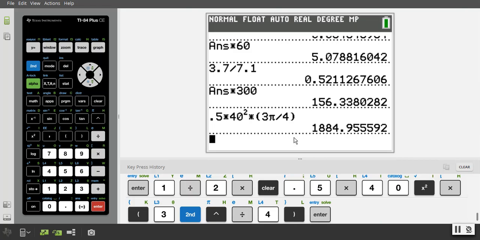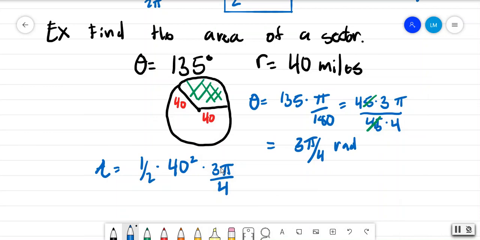Okay, so we're going to round to the nearest square unit. That's going to be approximately 1,885.